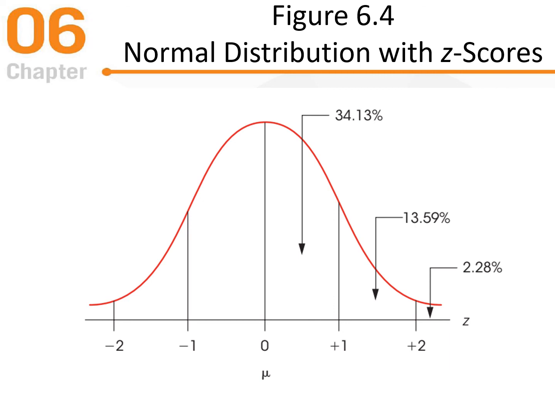Between 0, the mean, and a z-score of 2, you have 34 plus 13.59, which ends up being 47.72%. So you just add those two pieces, the 34.13 and the 13.59, and that gives you the area between 0 and positive 2. More extreme than positive 2, you only have 2.28% of all scores.